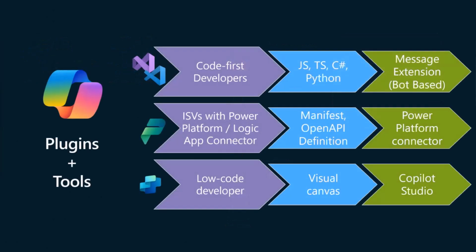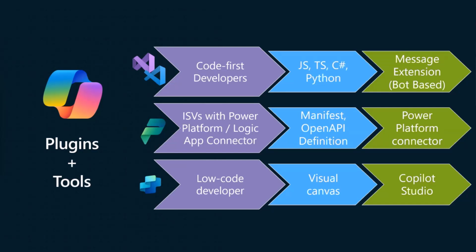Now there's a few different ways to build plugins. The first one is what I'm going to show, which is to write something with code. Usually Teams Toolkit makes this a lot easier. The most mature way to do this, I think, is the message extension. So you build a message extension for Teams, and I'll show that briefly.